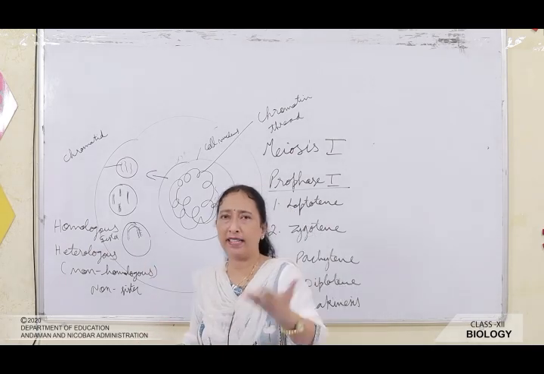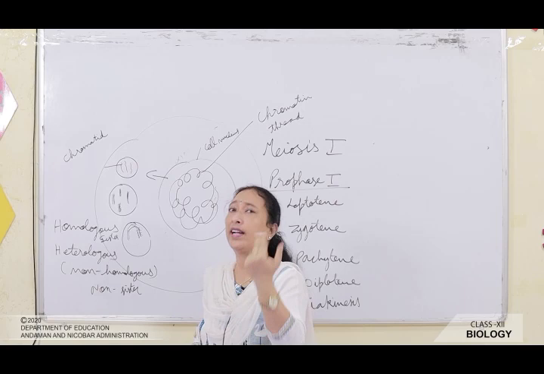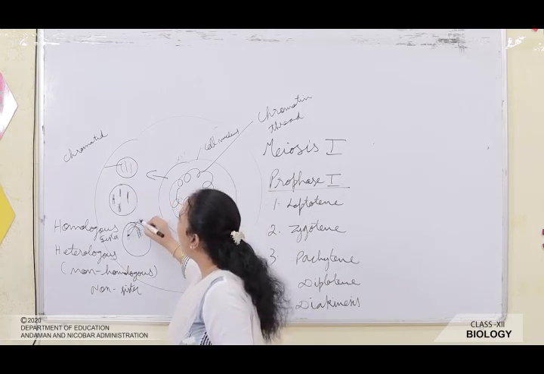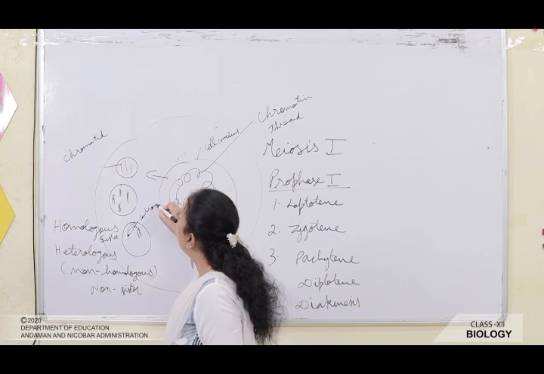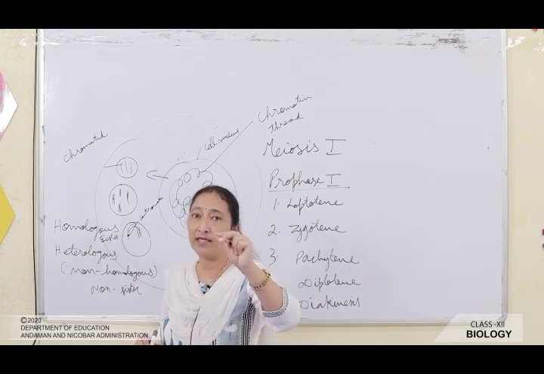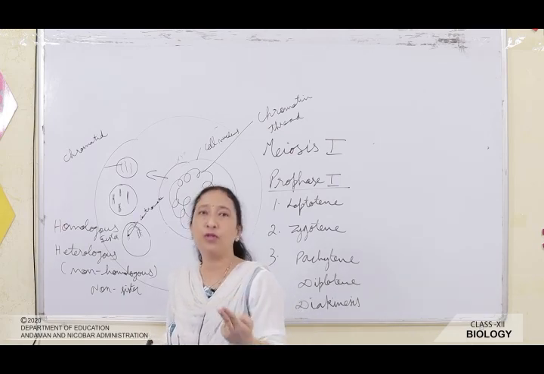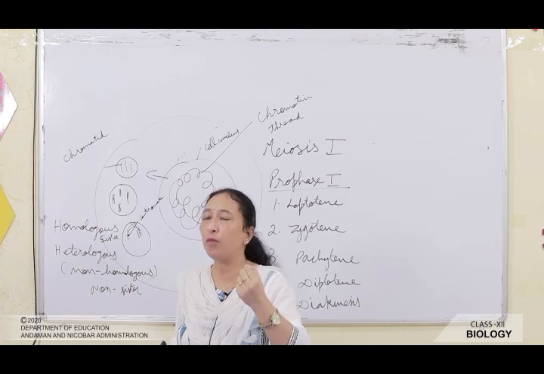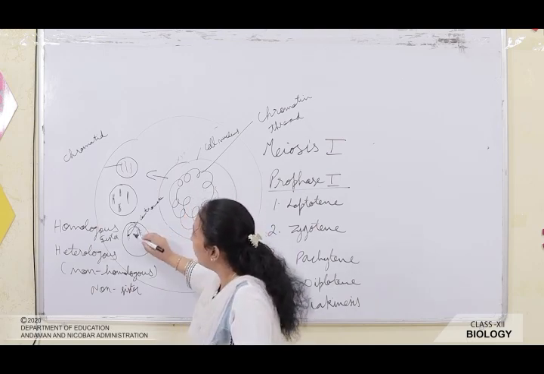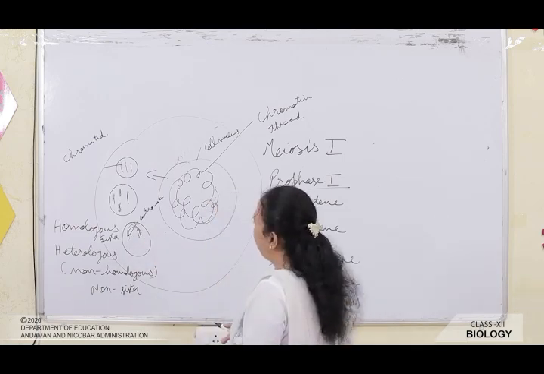When a pair of chromatids come together and are joined by a centromere, they are known as a chromosome. Unless they are joined by a centromere, they are known as chromatids. So the crossing over takes place between non-homologous chromosomes in the pachytene stage.